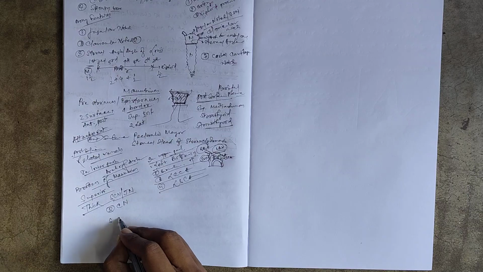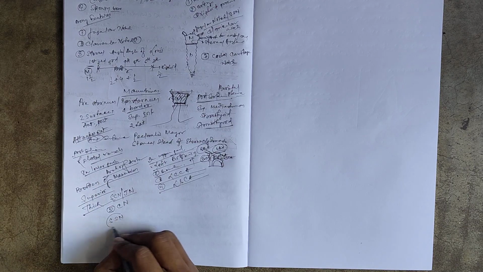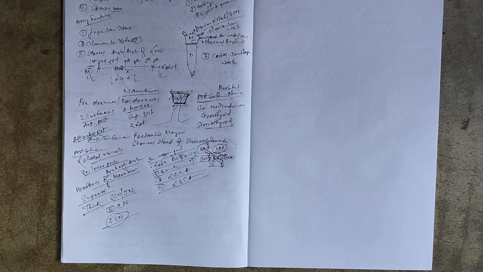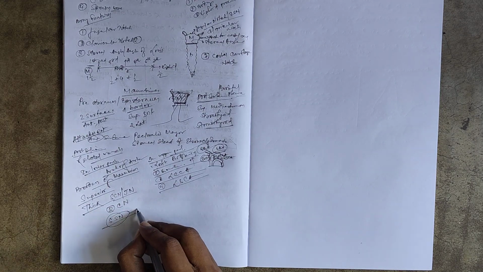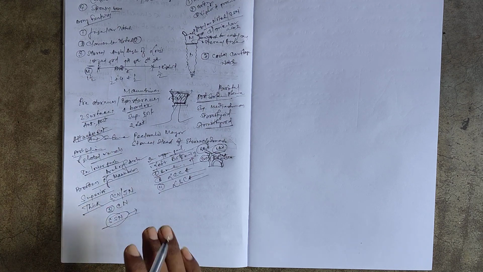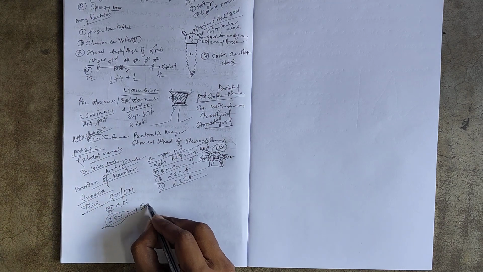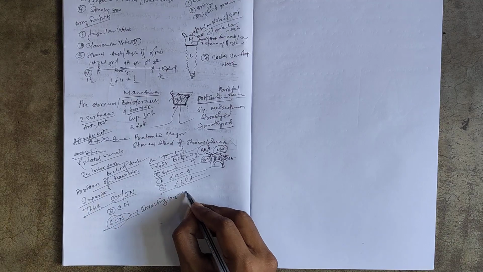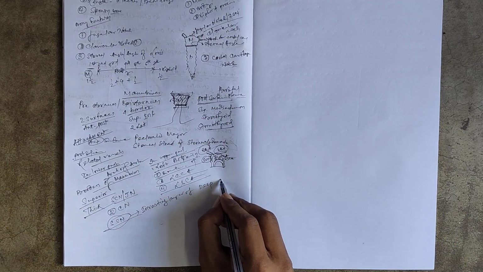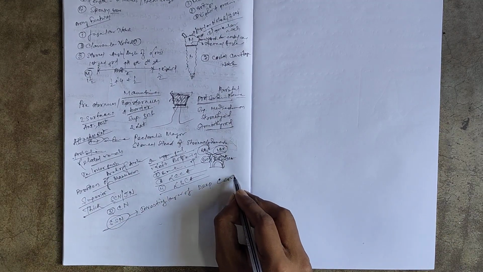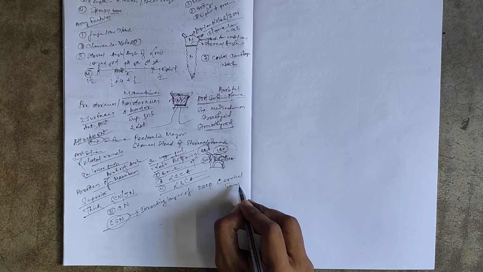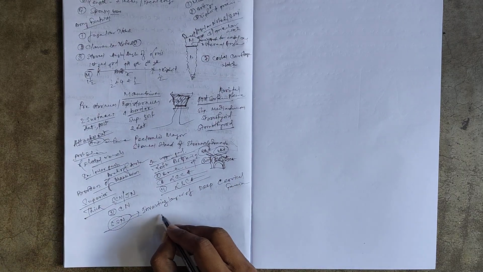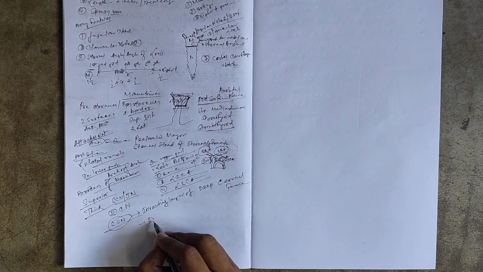So, the suprasternal notch. What does it do? The suprasternal notch gives attachment to the investing layer of deep cervical fascia and the interclavicular ligament.